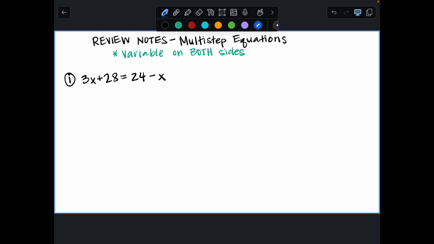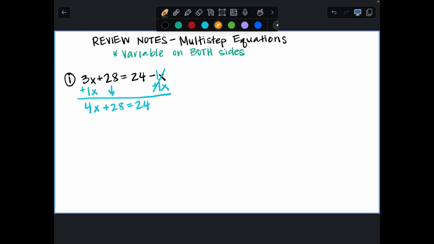So I'm going to, let me do this color, add x. And remember, this is a 1x. So that cancels it out on the right side. Then I'm going to add 1x on the left. So now I only have x on the left side of the equal sign.